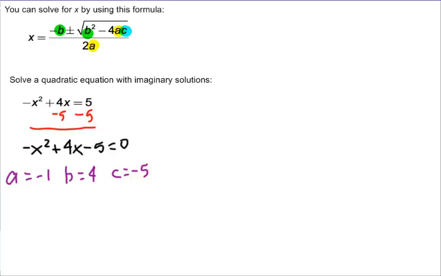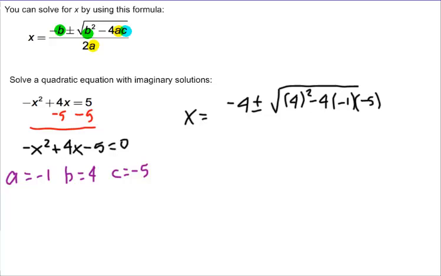So when we do that, we're going to end up with x equals the opposite of b plus or minus the square root of b squared, use parentheses, minus 4 times a times c, all over 2a.